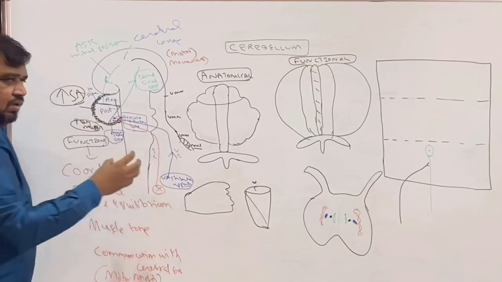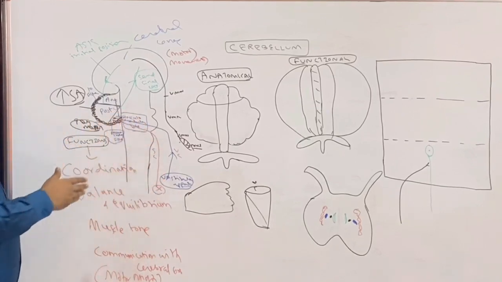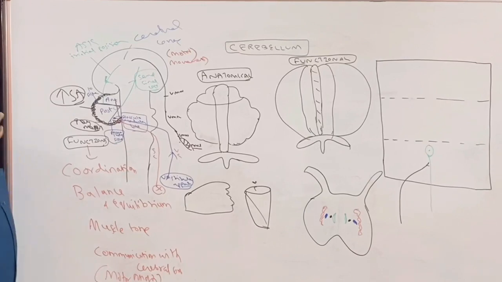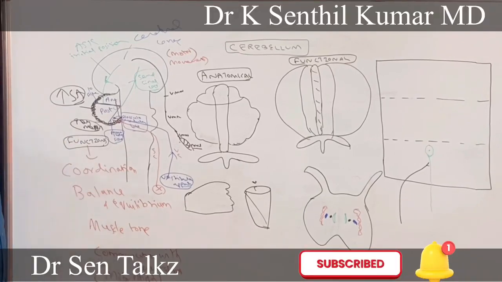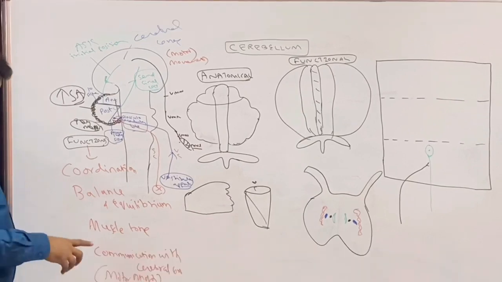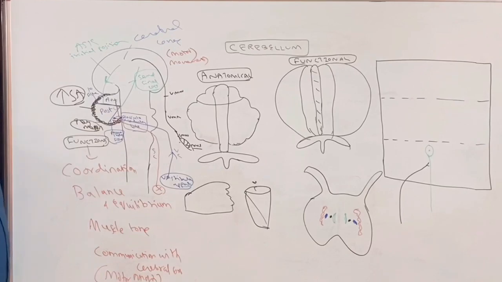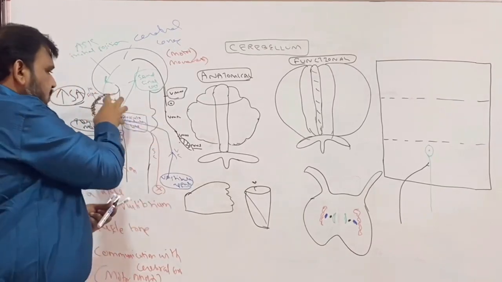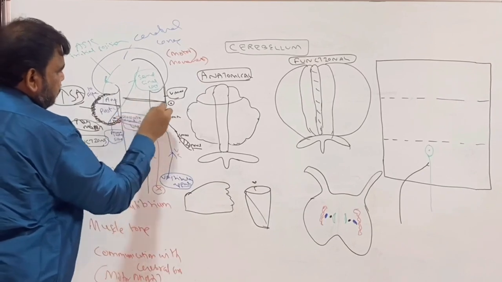From the spinal cord, some afferents go to the cerebellum, spinocerebellum, which gives information about coordination. Muscle tone is also one of the important functions done by the cerebellum. Then very important, you can see a communication with the cerebral cortex based upon the copy. So this is very important.